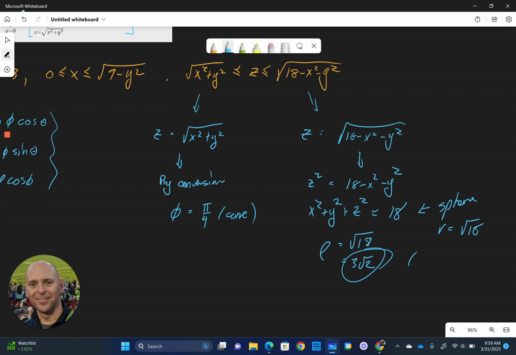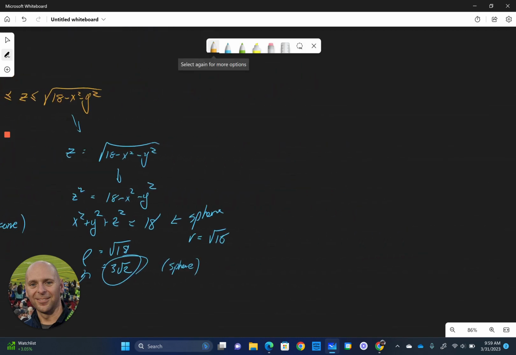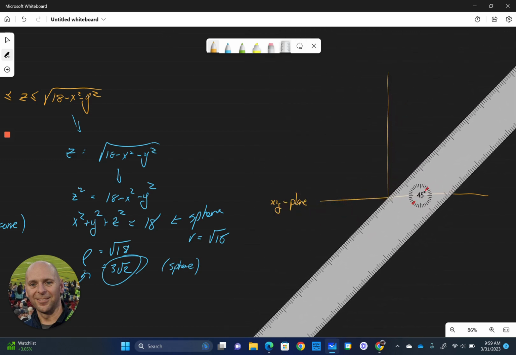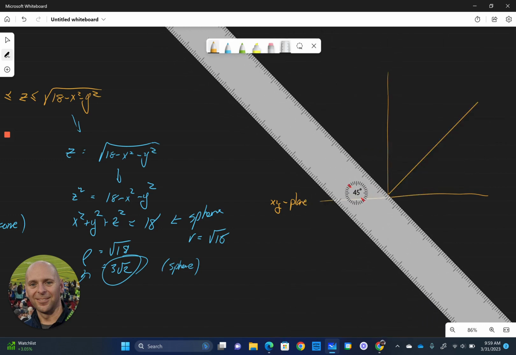So what's happening here is that you've got this cone down below as the lower surface, and it's being capped on top by a sphere. So taking a quick look at this, again graphically, we can look at the cross-section. I usually recommend writing out a cross-section. Here's the xy plane, and then we've got our cone at pi over 4 coming up this way.